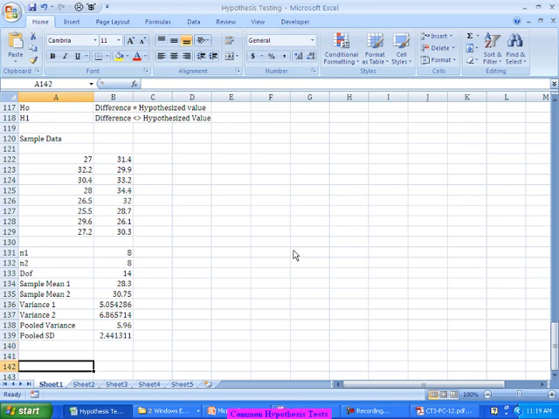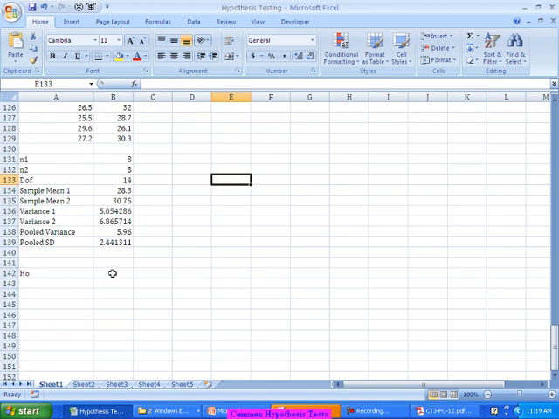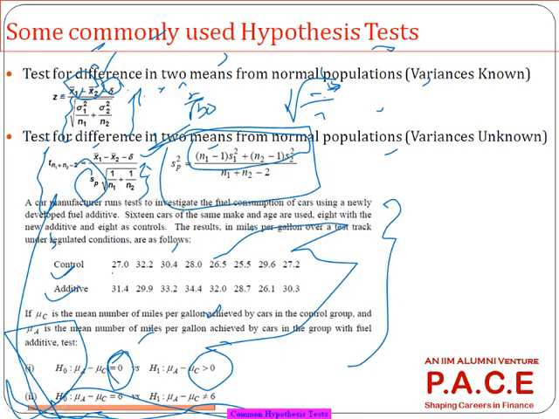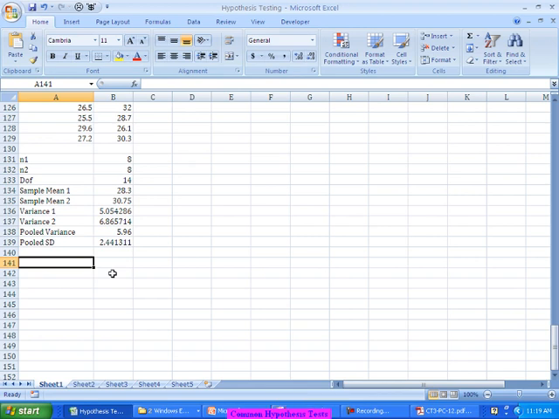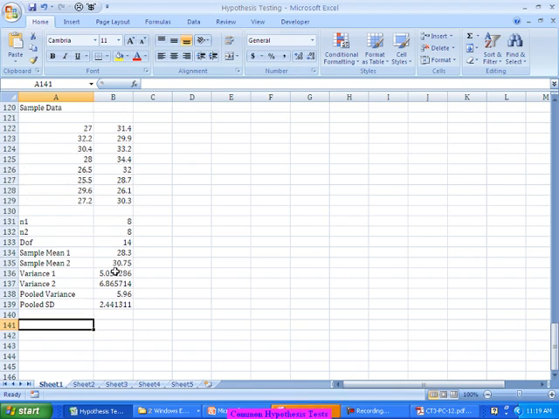So my null hypothesis works out that the difference is less than or equal to 0 and the alternate comes out to greater than 0, right? So the hypothesized difference is 0. Sample differences we know.